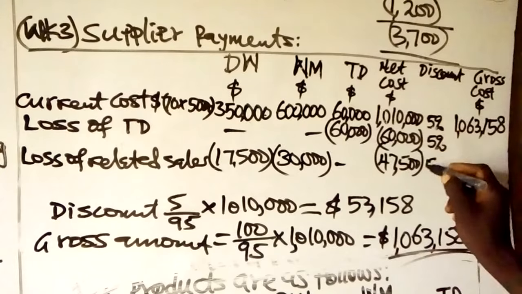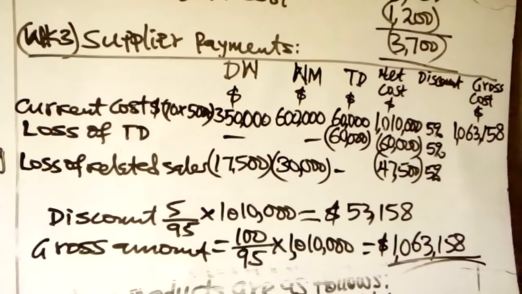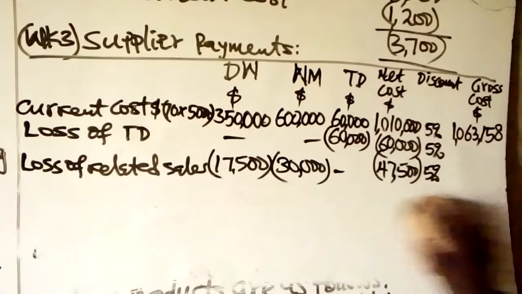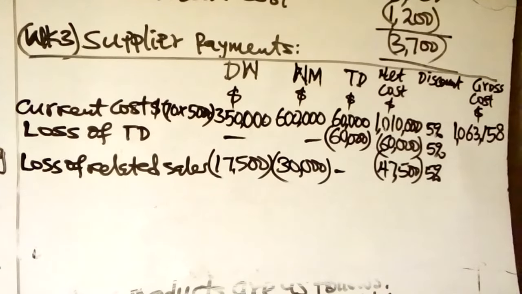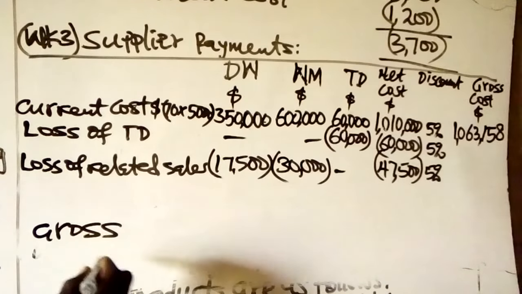So let us calculate the gross amount that will be lost, just the same way we calculated the first one, on the 60,000.